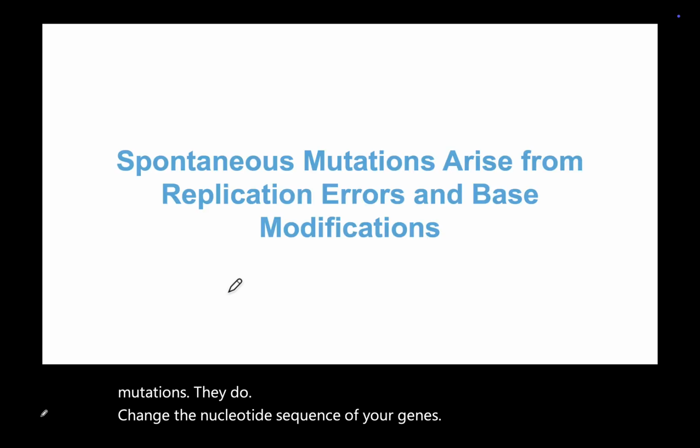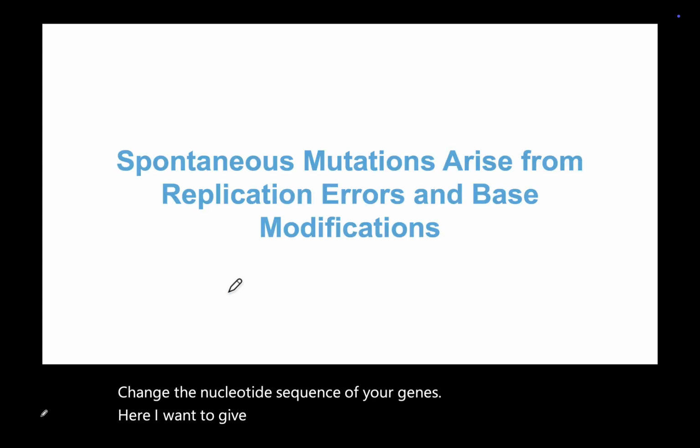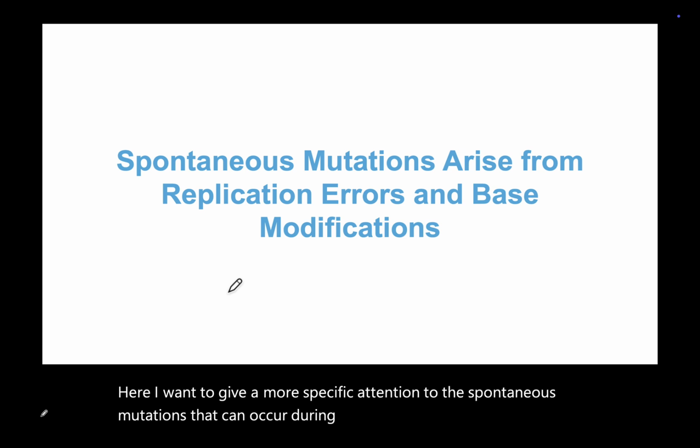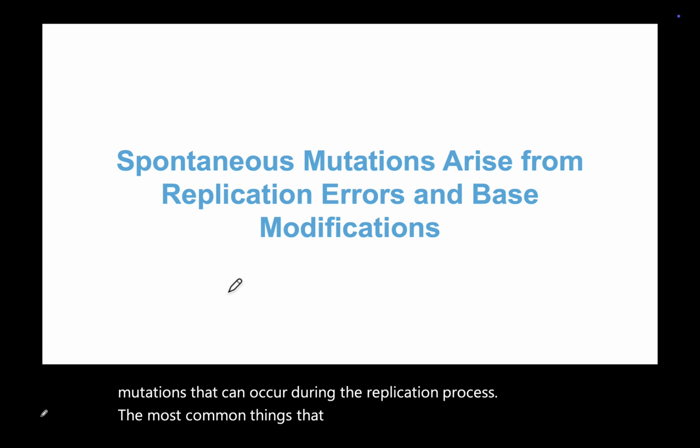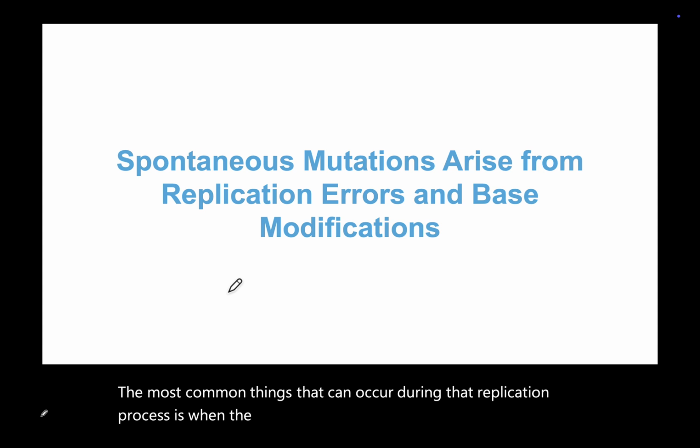Here, I want to give more specific attention to the spontaneous mutations that can occur during the replication process. The most common things that can occur during that replication process is when the bases are modified.